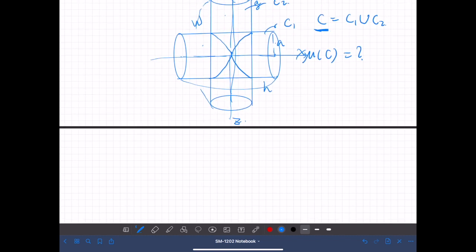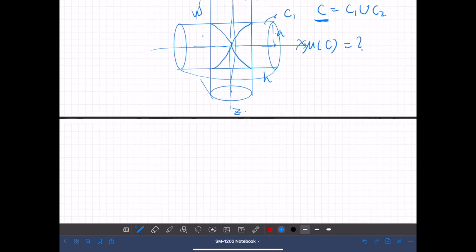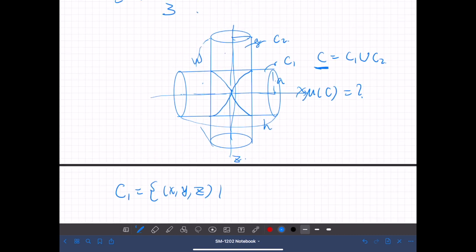C1 can be defined as the points in space along the x-axis, with the middle point at the origin.